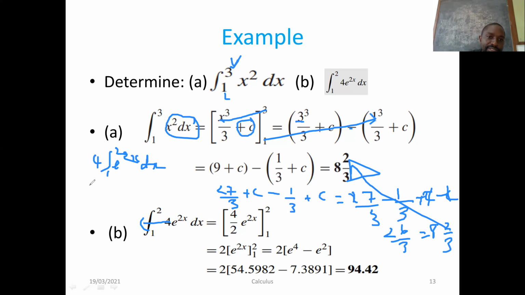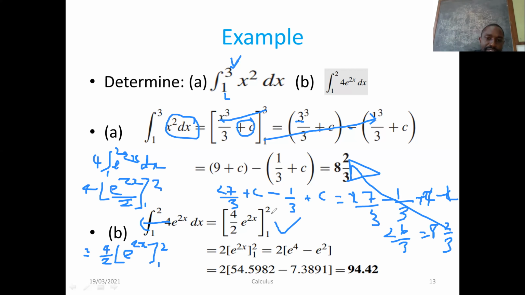When you integrate this, you're going to get 4 exponent 2x divided by 2, and this is from 1 to 2. Simplifying further, this is going to be 4 over 2, then exponent 2x, the limits 1 to 2, which is basically what we have here.